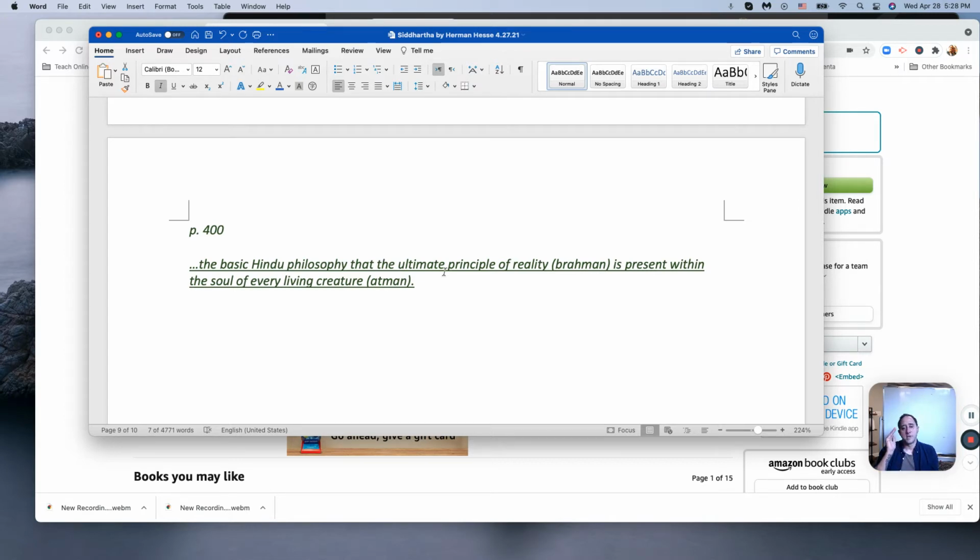So the ultimate reality is Brahman. This world looks so real, but it's actually an illusion. If we can see past this, we can see Brahman uniting everything together. If we can see past this, we can see Atman, and we'll see that that is connected to Brahman, and therefore it's connected to everything.